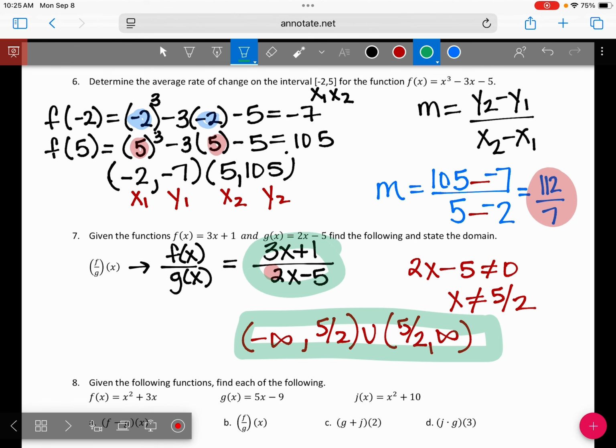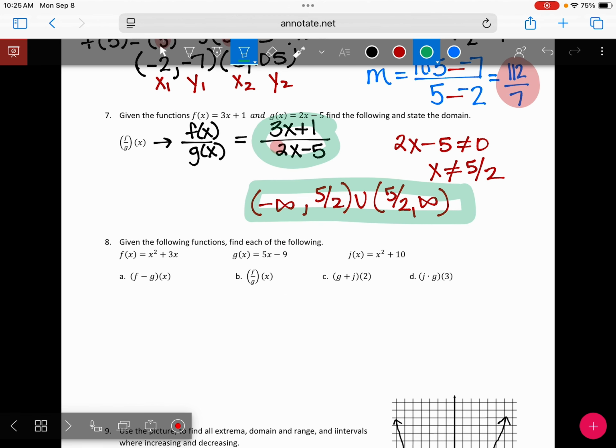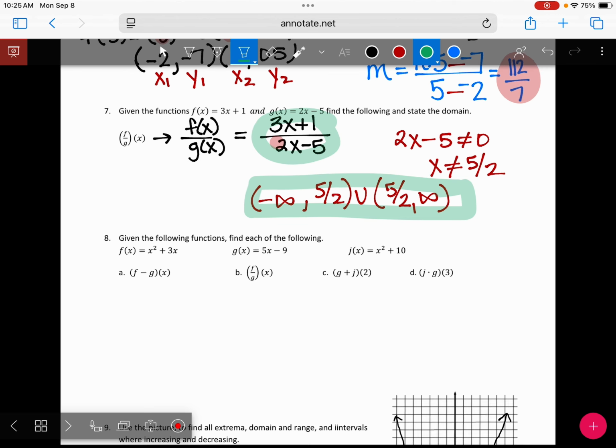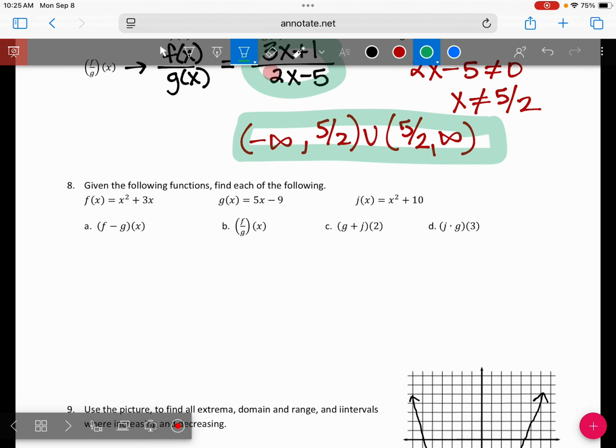So I'm going to end after this and do a part 2 later, but let's look at question 8. We have 3 different functions, and we just have to do different operations using whichever 2 functions they're asking us to. So we have our f, and then we have g.